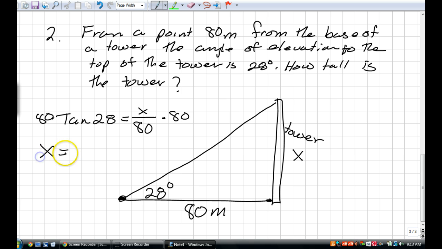So we get x is equal to 80 times the tangent of 28. And so if we plug that into the calculator, and if we round it to the nearest integer, we get x is approximately 43 meters. Okay, so that means the tower is about 43 meters tall.